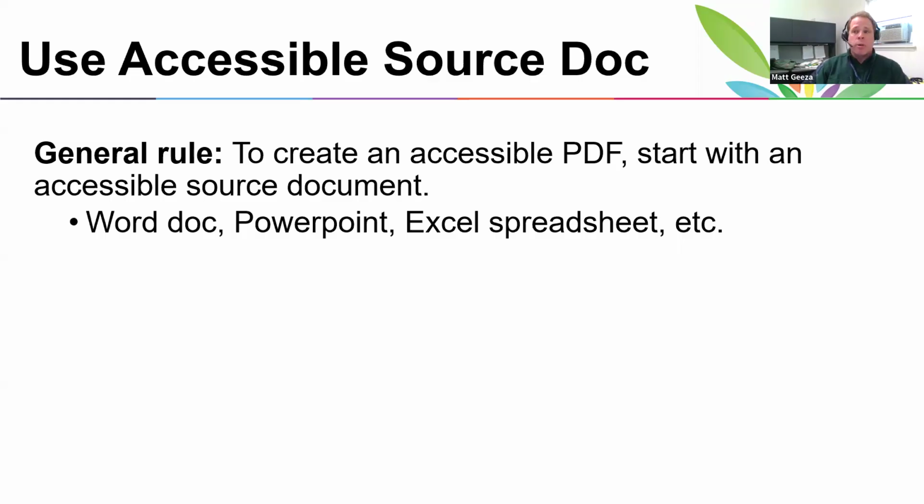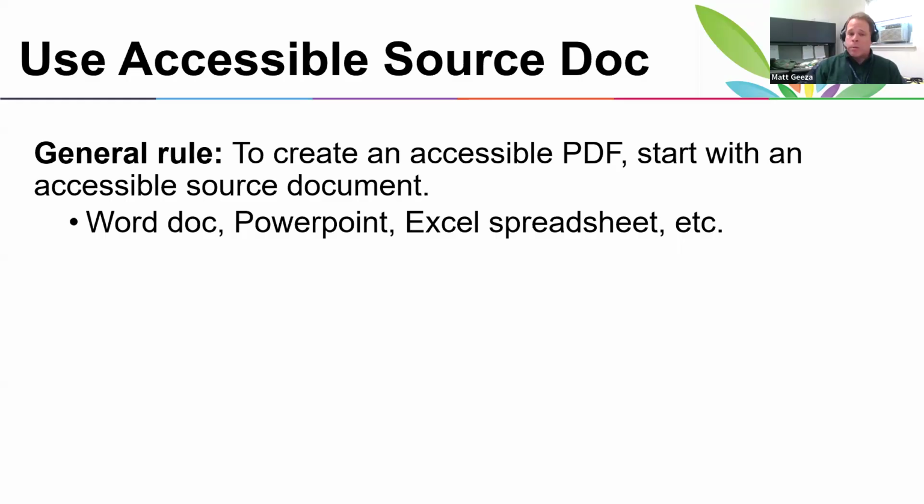But the general rule is, regardless of what type of document you're producing, you want to start with an accessible source document. So start with an accessible Word document or PowerPoint, Excel spreadsheet, etc. Do all of the work there, and then when you save it as a PDF, the goal is really to then just be verifying that all of the work you did in your source document was carried over into the conversion when you created the PDF.